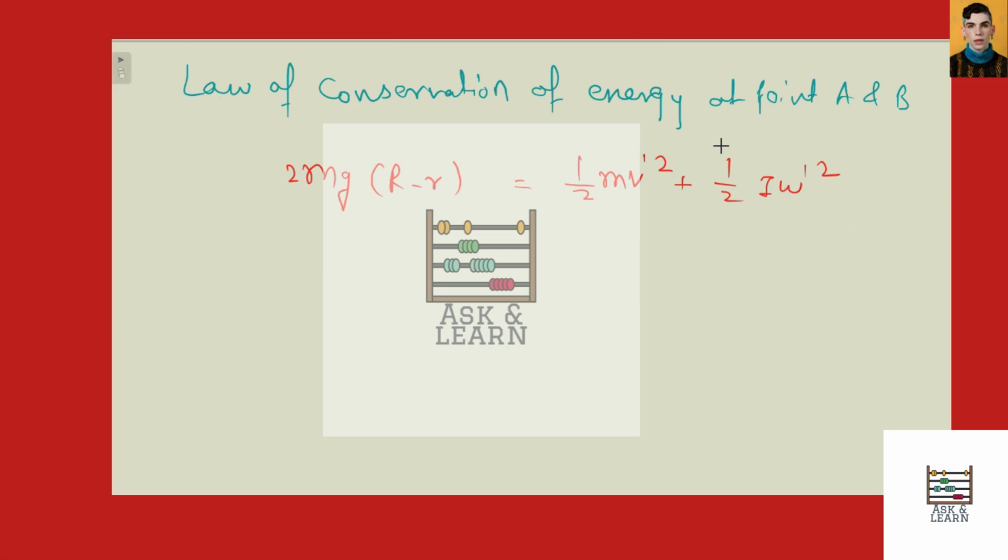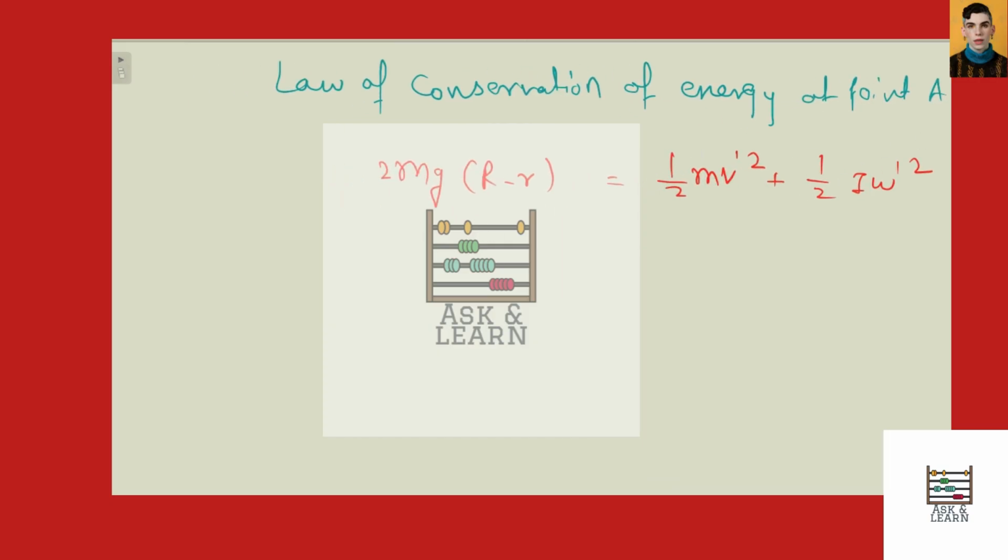And there is also potential and kinetic energy at the other point, that is half mv square plus half I omega square.